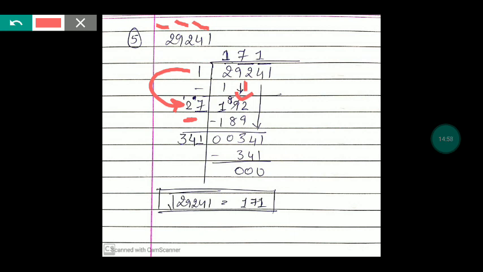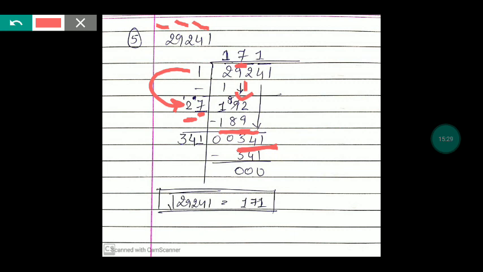So 21 ones are 21, 22 twos are 44, 23 threes are 69, 24 fours, 25 fives, 26 sixes, all those are smaller, but 27 sevens are 189. That is the nearest to 192. So 27 sevens are 189. Subtract and you will get 341.